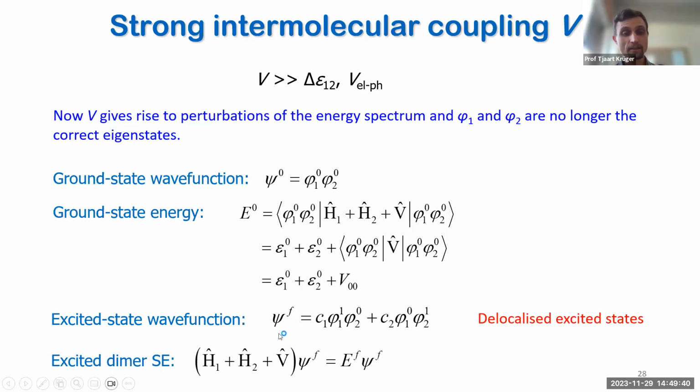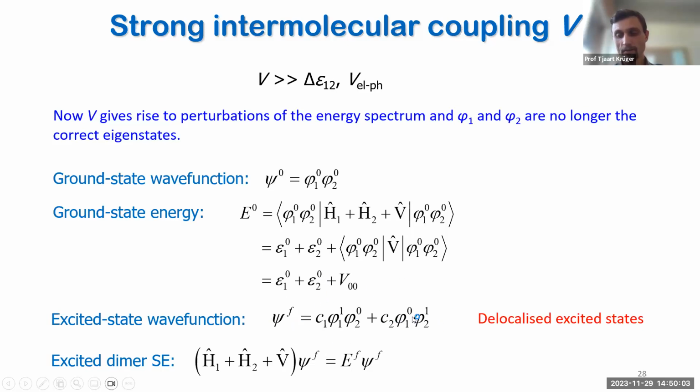So in this case, we must use this excited state wave function as a linear combination of a product of the two individual molecular wave functions. In other words, our excited state is delocalized over both molecules.